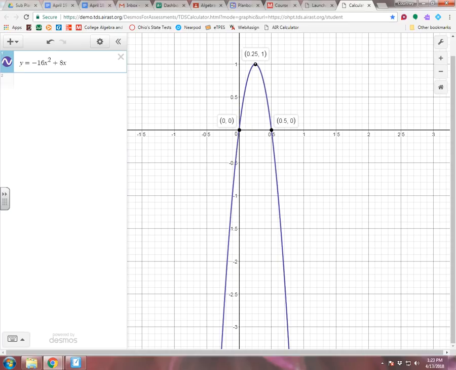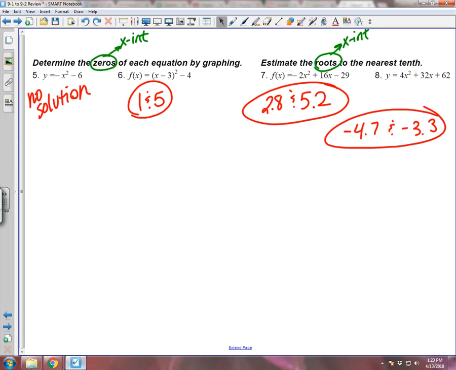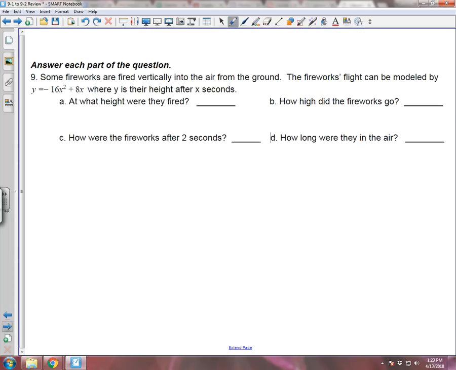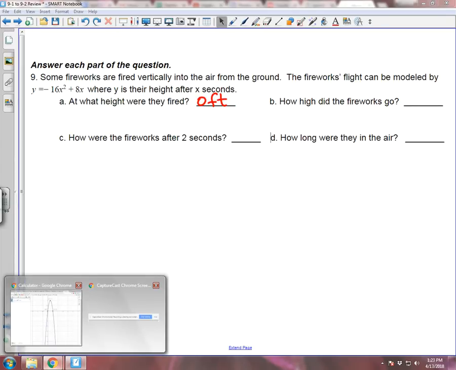All good? Okay, at what height were they fired? Now, where on my graph am I going to look at that? Right here, 0, 0. I want to know where it crosses the y-axis. 0. So that makes sense because fireworks are fired on the ground, right? Okay, so 0 what? Yep, 0 feet. Letter B, how high did the fireworks go?